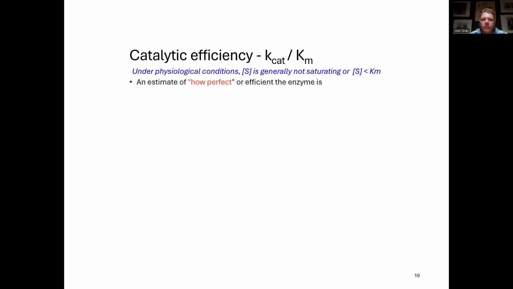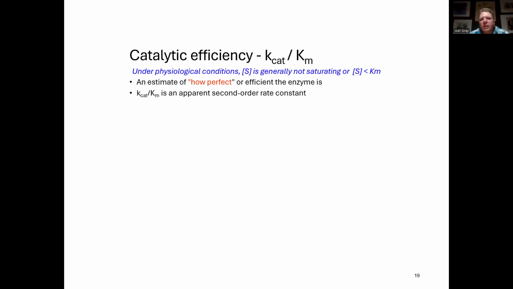Okay, so now the last combination of parameters that we want to look at is a measure of catalytic efficiency. And this is where we take kcat and divide it by Km. Under physiological conditions, substrate concentration is generally not saturating, or substrate is typically less than your Km. Now, what we are able to do is calculate how perfect and efficient an enzyme is.